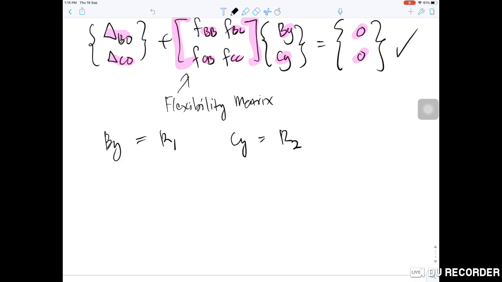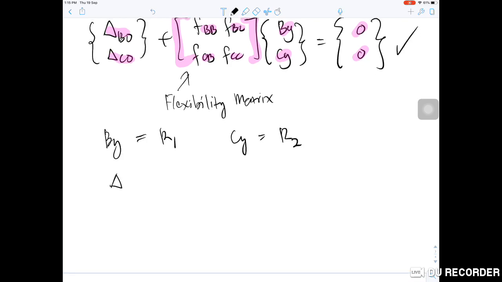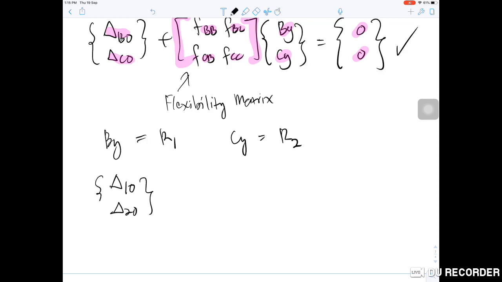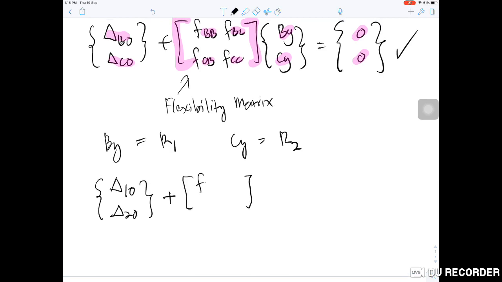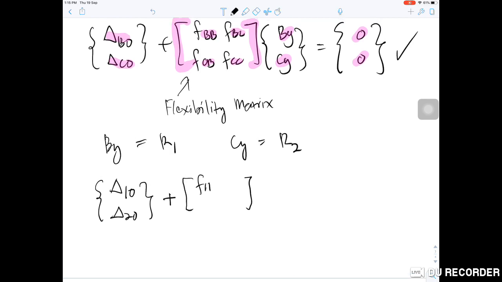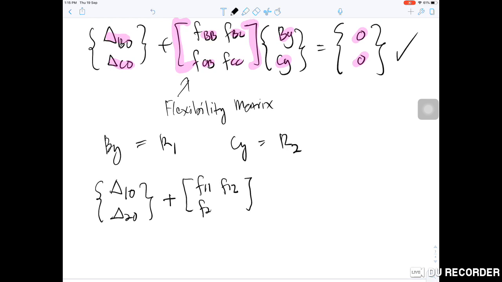It will become like this: delta 1 naught, delta 2 naught, plus FBB will become F11, FBC will become F12, FCB will become F21, and FCC will become F22.